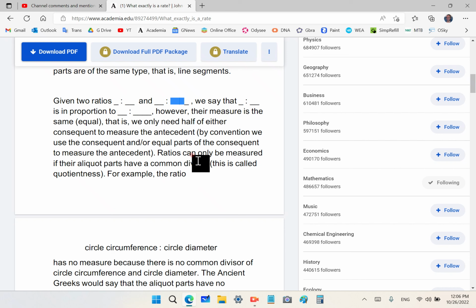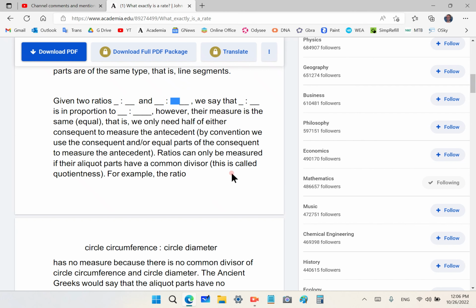Now, what does it mean when we take the measure of the ratio? Well, we say, okay, we need half of either of their consequents to measure the antecedent. Does that make sense? So we need half of this consequent to measure this antecedent, and half of this one to measure this antecedent.